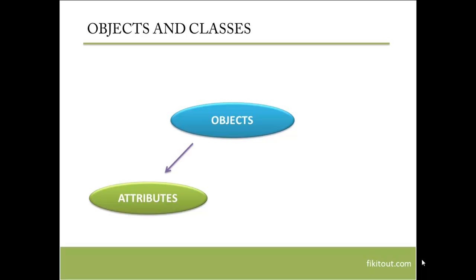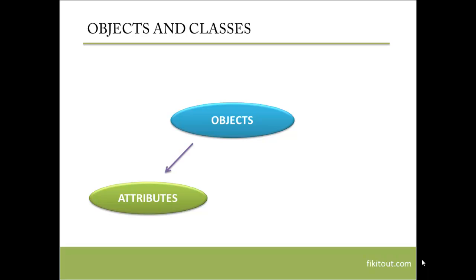So characteristics that make a particular thing distinct is known as a property. And in Java, in object-oriented programming, these properties are referred to as attributes of an object or attributes of a class.